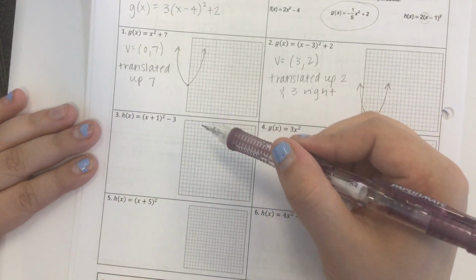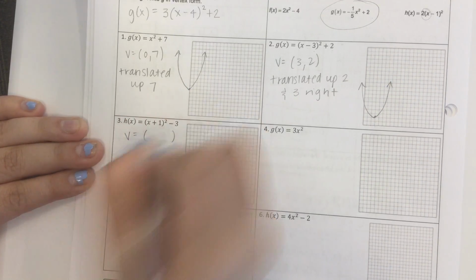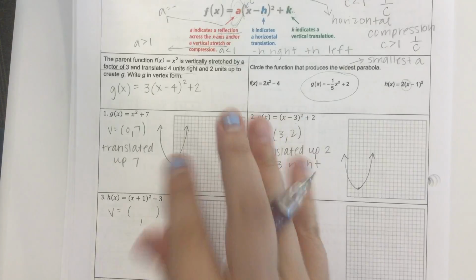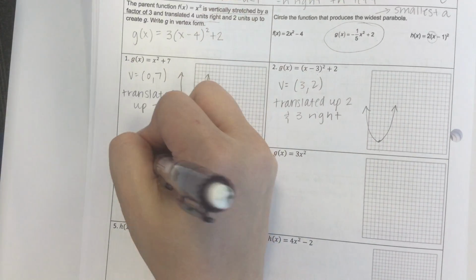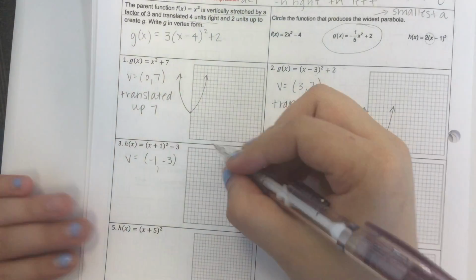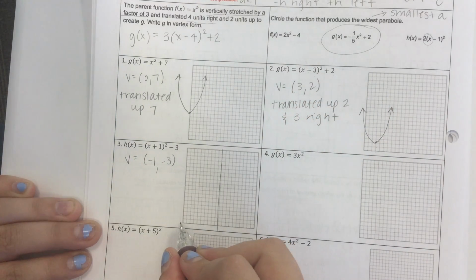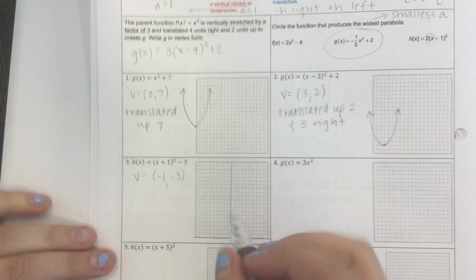So let's do number 3. My vertex is where? Well, I know that since this is a +1, it's going to the left. It's actually a -1, -3. So what I'm going to do is I'm just going to split this in half. So my vertex is at -1, -3. Actually, I need it up here.